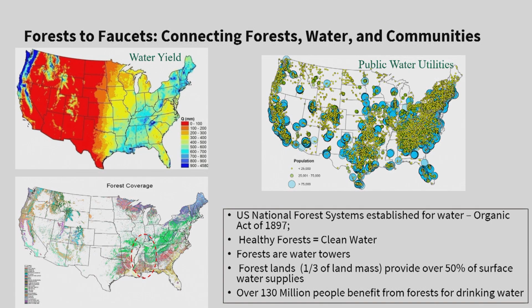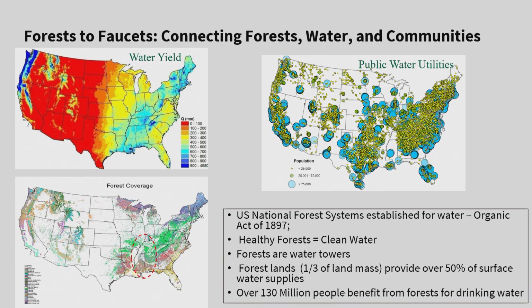They used to be forest, but were removed for agriculture. The ones on the right are the water withdrawal points and also the population supported by the public water supply. So our project is basically to link the forest distribution to the water supply.